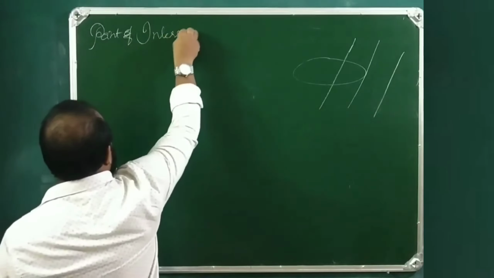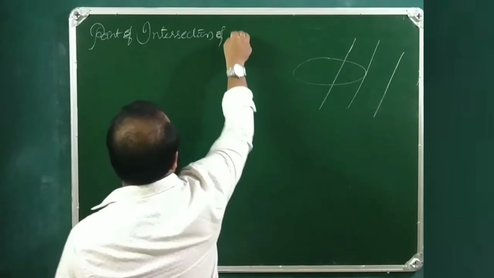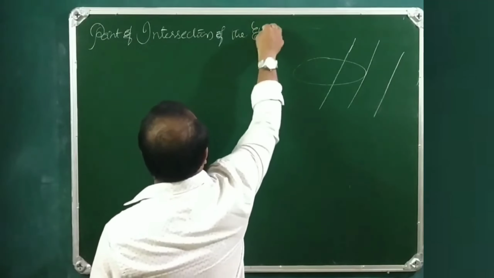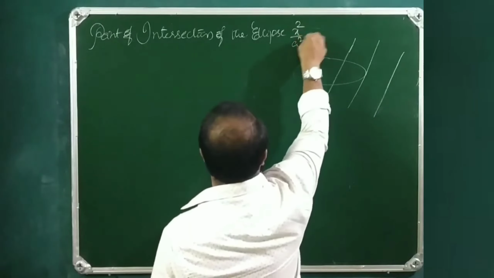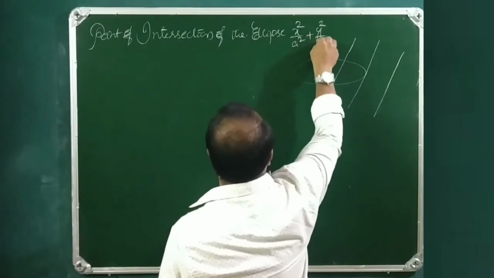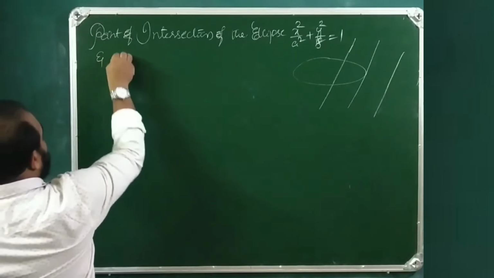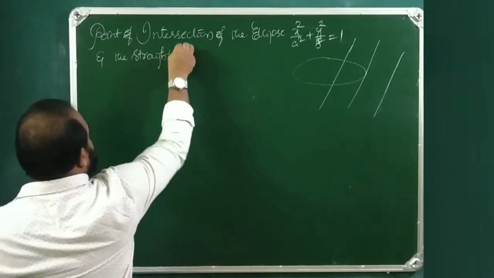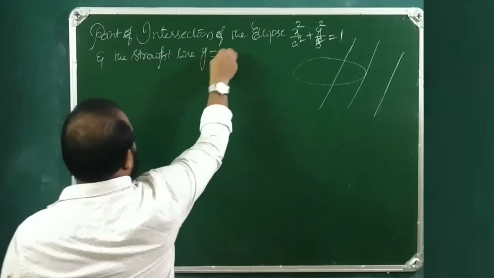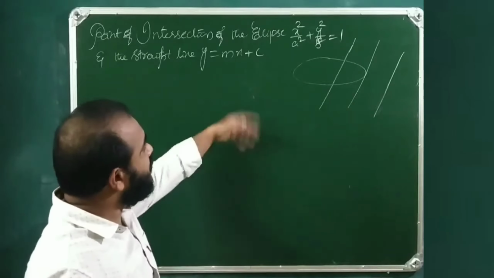of the ellipse x square by a square plus y square by b square equals 1 and the straight line y equals mx plus c. First, let us solve these two.